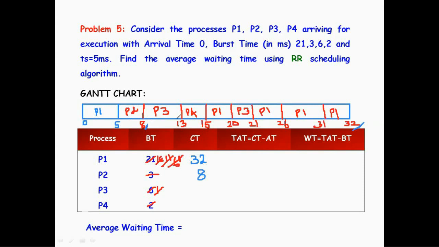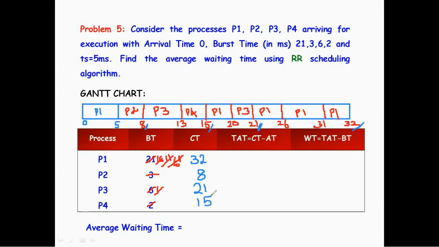So here it is 8. The completion time of P3 is 21. Let me note here as 21. The completion time of P4 is 15. So here it is taken as 15.